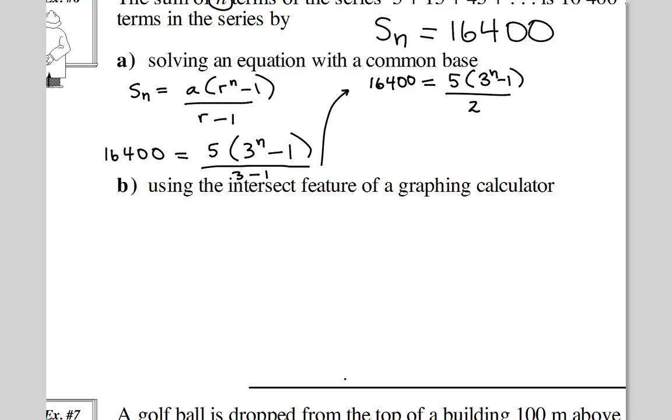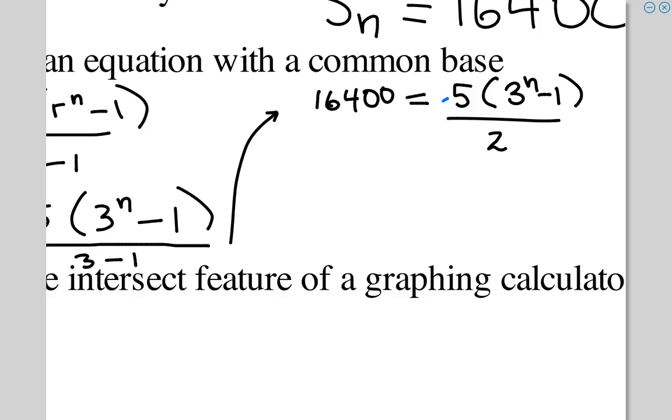If you look at the cross action, 5 goes down and 2 goes up. So you take 16,400 times 2 divided by 5, you get 6560.